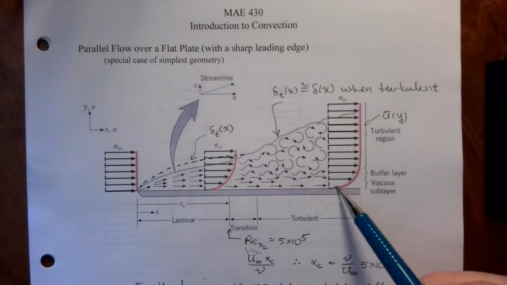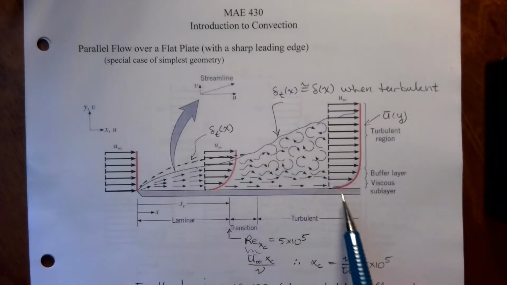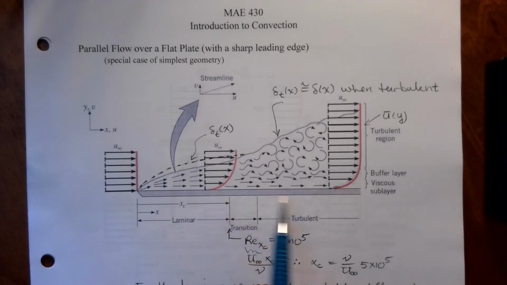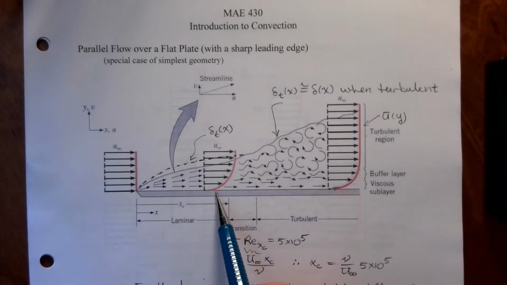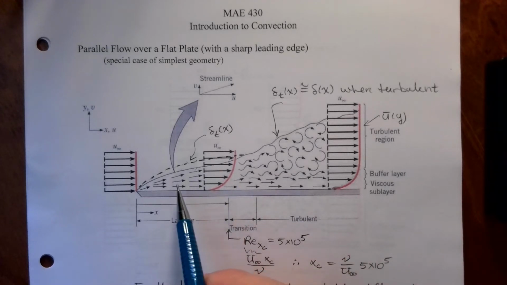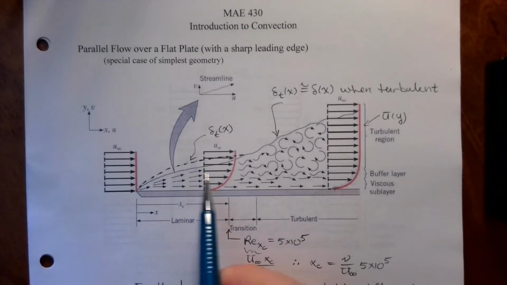Because of this viscous sublayer and this being so sharp, the gradient in this turbulent region is larger than the gradient back here in the laminar region, even though the drawings here don't really show that very well. So the shear stress, which is mu du/dy, is going to be larger in the turbulent region than in the laminar region. Also, as you move to the right, the gradient is going to decrease as the boundary layer increases.